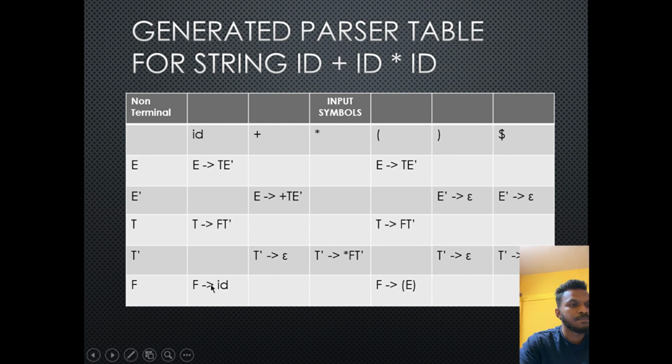FIRST(F) is id, and F → (E) goes under the open parenthesis. So this is how you can create a predictive parsing table.